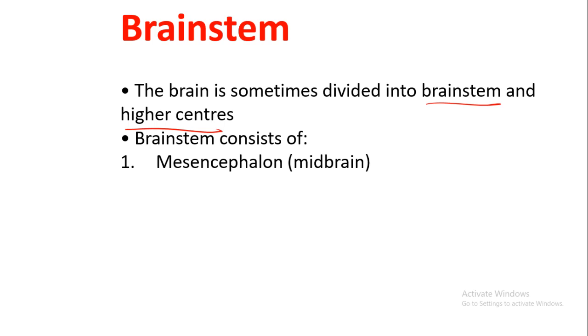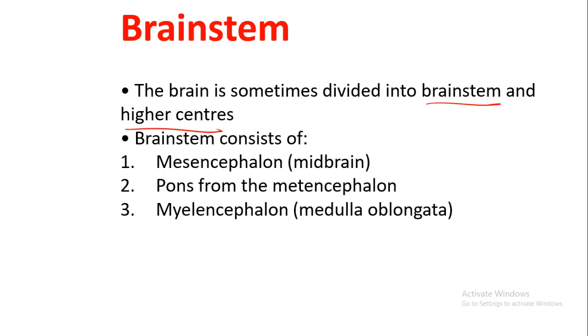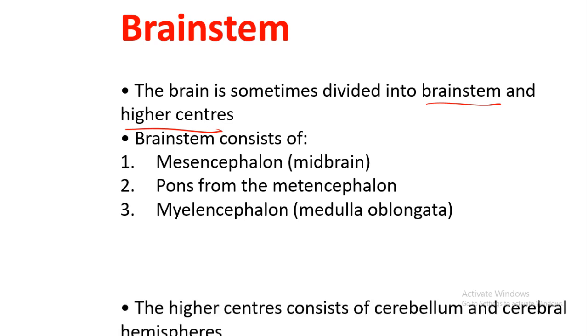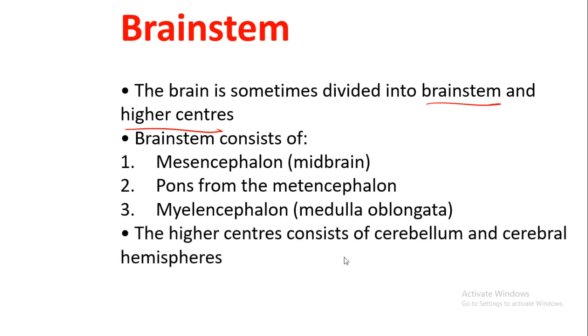One, it is made up of the mesencephalon, which is the midbrain. Two, it is made up of the pons from the what? Metencephalon. Three, it is made up of the myelencephalon, which is the medulla oblongata. Then we have the higher center.